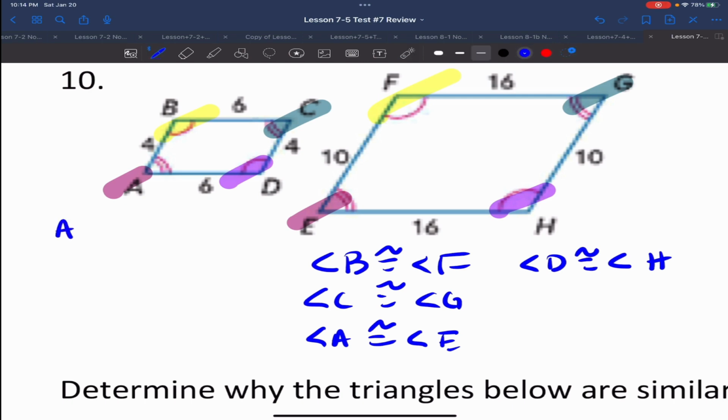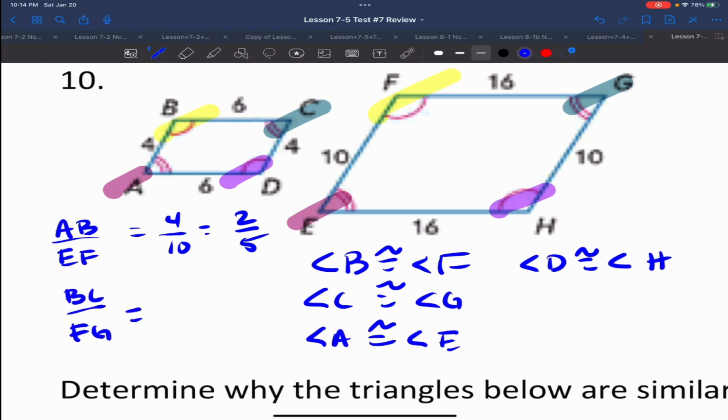I'm going to say AB over EF equal that of 4 to 10, which reduces to 2 over 5. Then I'm going to look at the top sides. So BC corresponds with FG. That's 6 to 16, and that reduces to 3 over 8.